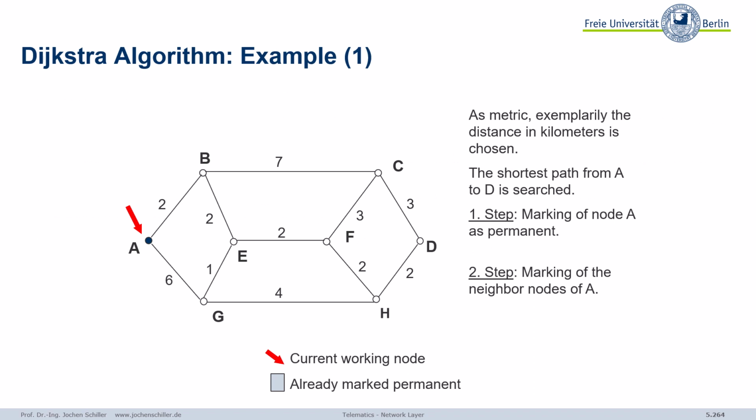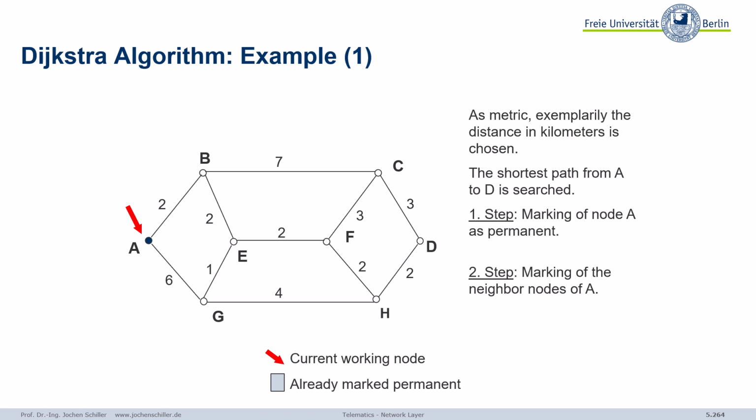Okay, example. Then I guess it's a bit clearer. So we start here with the current working node A, and now no node is marked as permanent. And, well, we can take the delay, distance in kilometers, or whatever. So this is a very basic algorithm. You can apply it to different problems. Here it's networking.